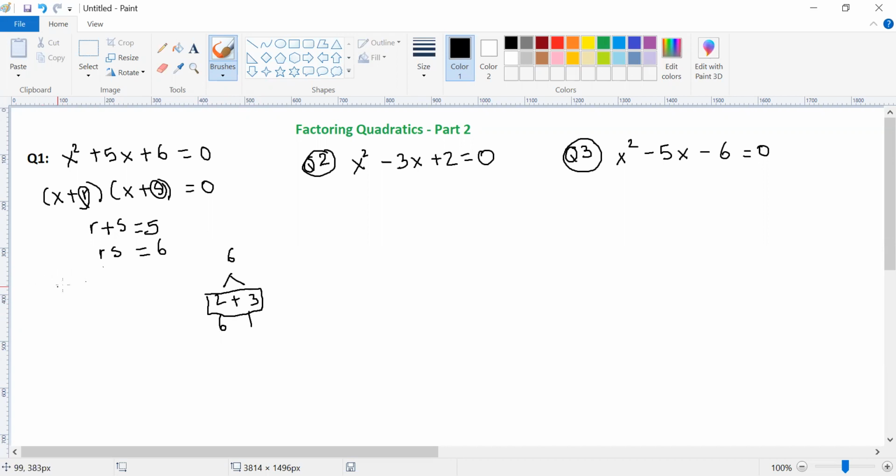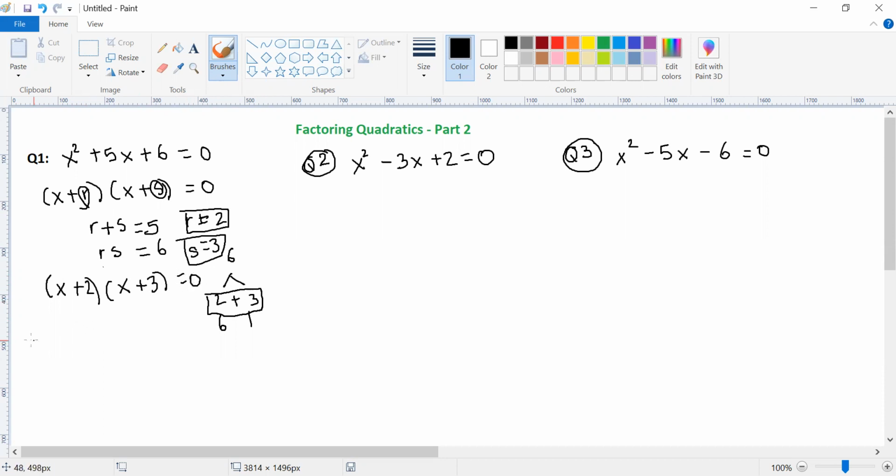That's going to be x plus 2, because r is equal to 2, and s is equal to 3. If we equate it to that, then all we have to do is substitute it. So x plus 3 is equal to 0.